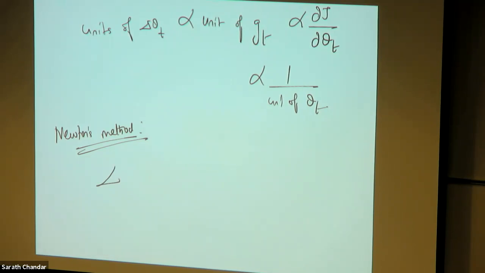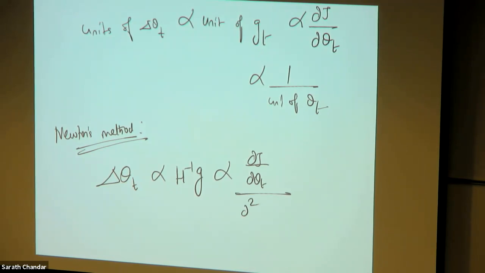So the update in Newton-Raphson was proportional to H inverse of G. That's right. Which is actually proportional to dou J by dou theta t divided by dou square J by dou theta t square. Okay. Now you see 1 over unit divided by 1 over unit square. So this is actually proportional to the unit of theta t.